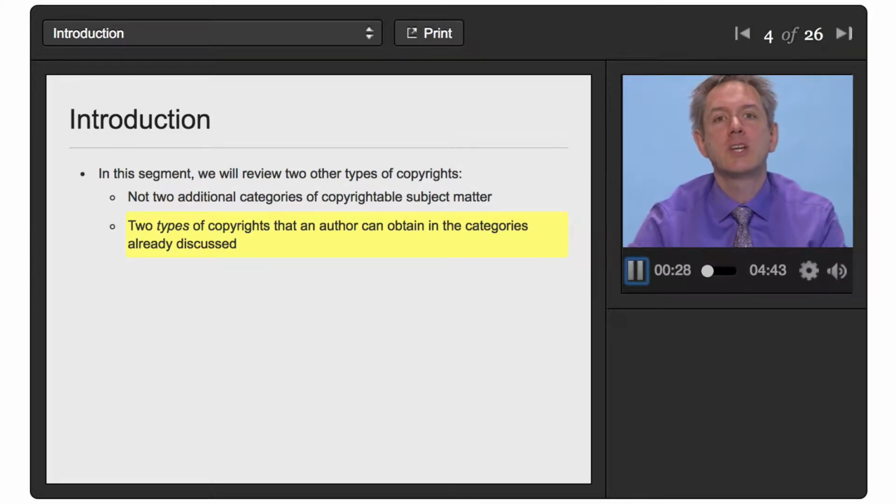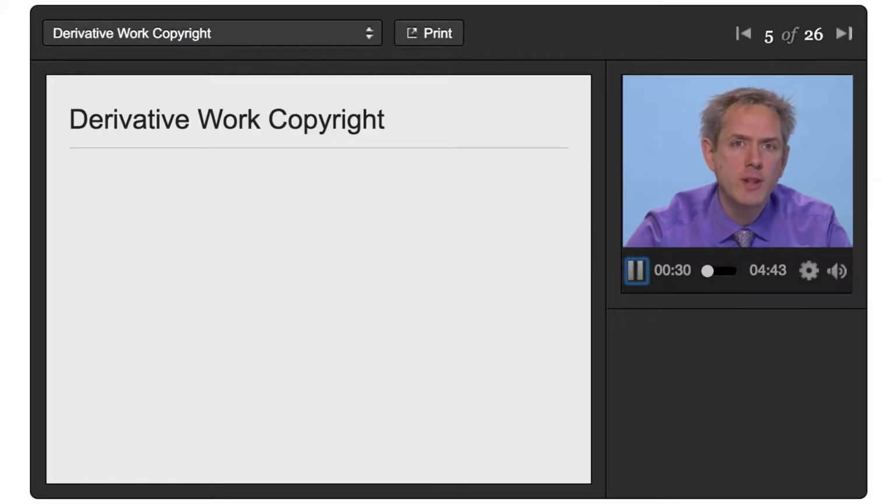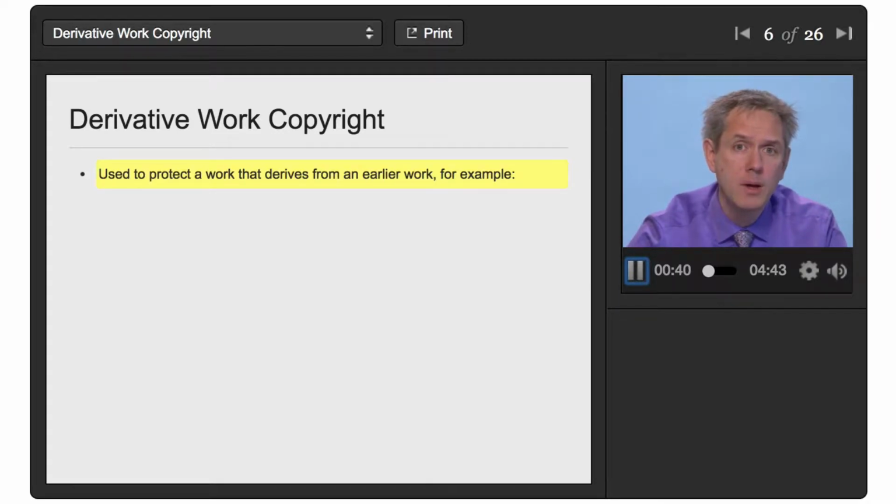The first of these types of copyrights is a derivative work copyright. Derivative work copyrights are copyrights where the work created by an author builds on or derives from an earlier work. So an example is a sequel to an earlier film.